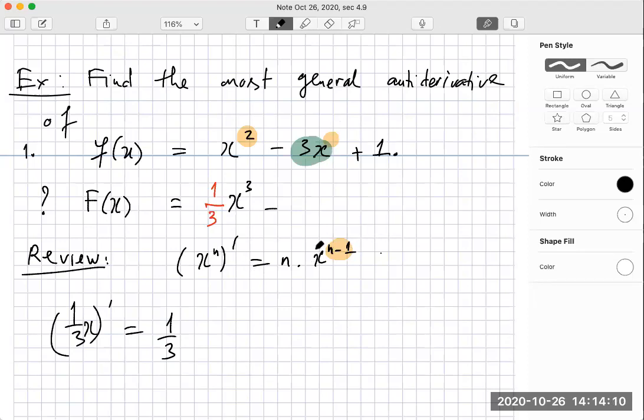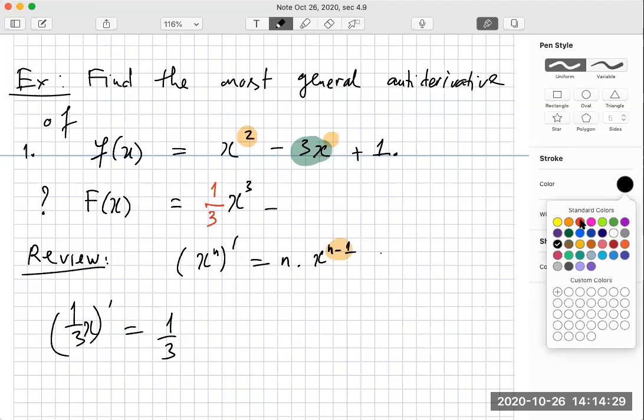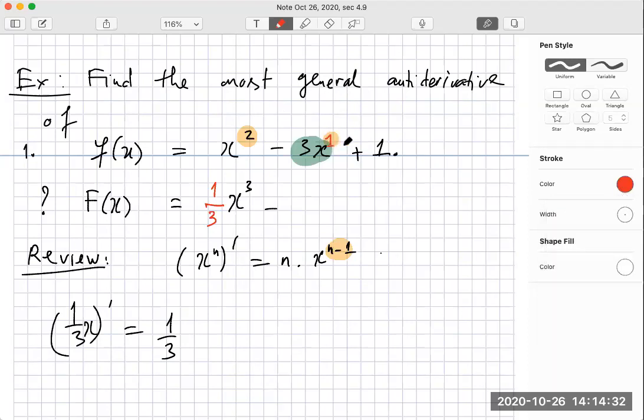So remember, look at this. The antiderivative is 1 order higher than the derivative. If here is n minus 1, the antiderivative will be of order n. The order of this term is x to the 1, so the antiderivative will be 1 degree higher.